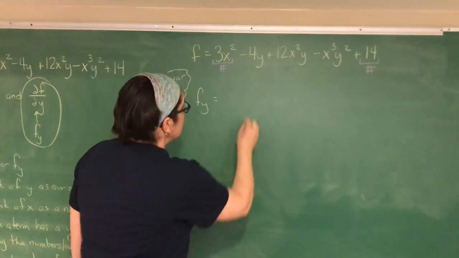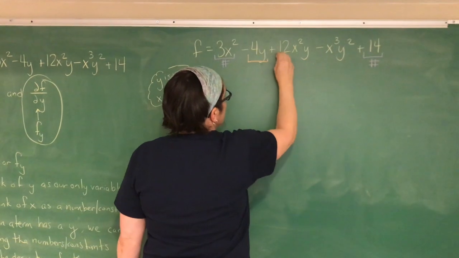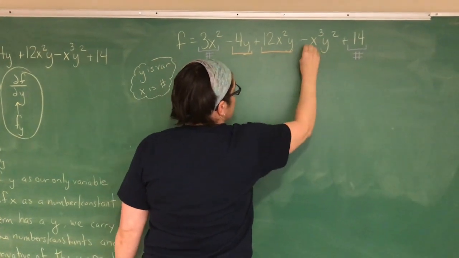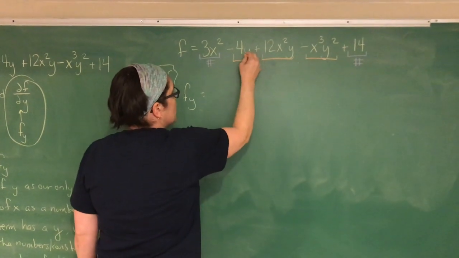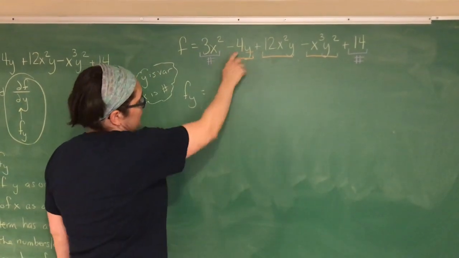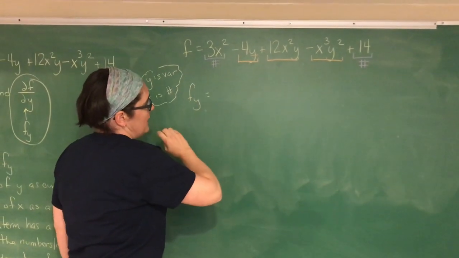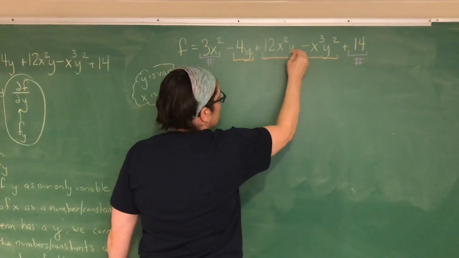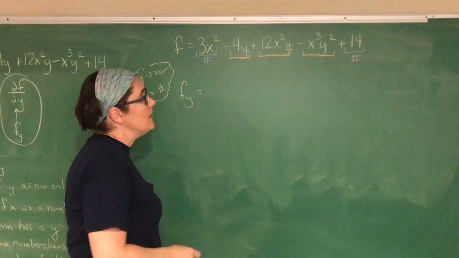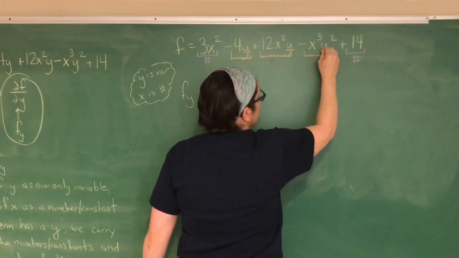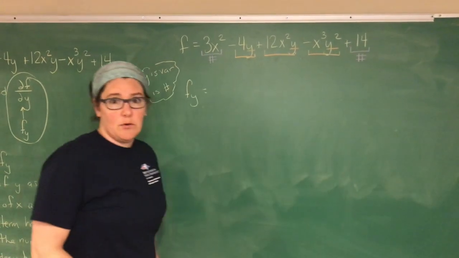Now, for the other terms, the 4y, the 12x squared y, and the x cubed y squared, the portion that has the y in the 4y is just a y. In 12x squared y, the portion that we're going to take the derivative of is the y. And in the x cubed y squared, we'll take the derivative of the y squared part.